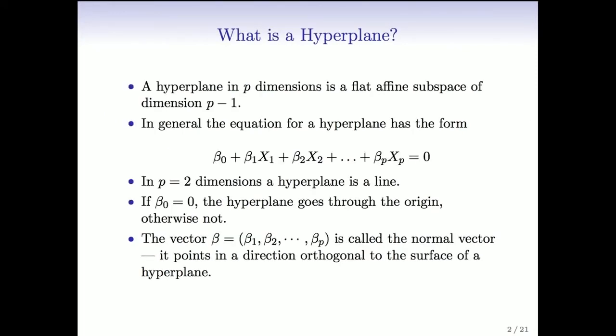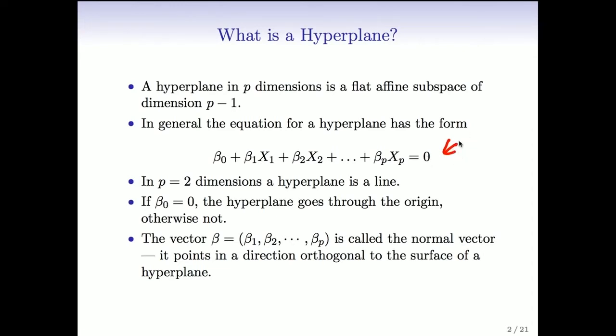Before we can get into this, let's talk about what a hyperplane is. I'll give you a technical definition, and then I'll show you a picture. A hyperplane in p dimensions, if you've got p features, is a flat affine subspace of dimension p minus 1. Well, if that didn't help, let's look at it a little deeper. In general, the equation of a hyperplane is a linear equation that is equal to 0.